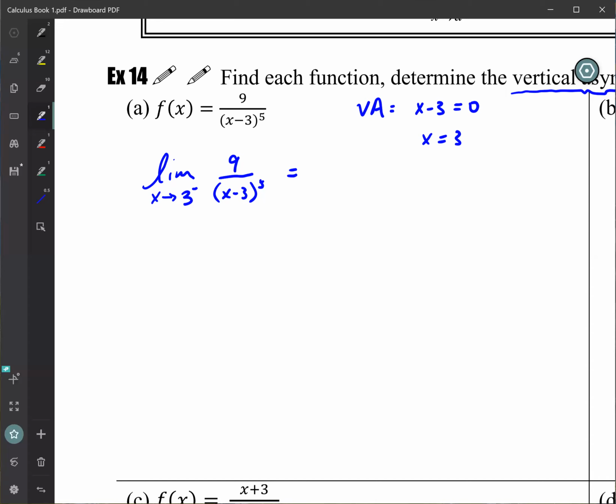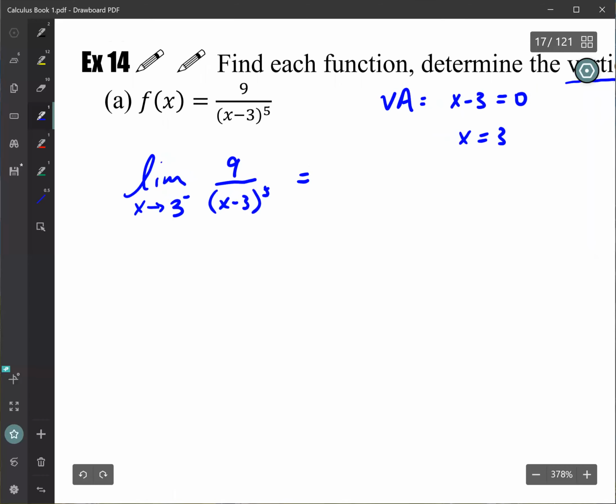If 2.9 goes into the bracket in the denominator, then the bracket will be close to what number, Emily? 0, probably. Yep, like 2.999 minus 3. It will be close to 0, but is it bigger than 0 or less than 0?